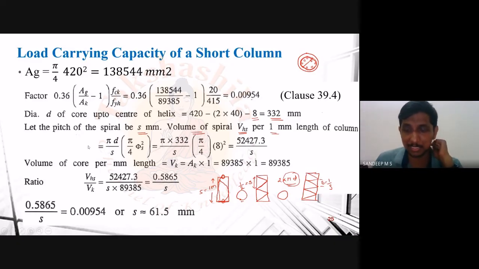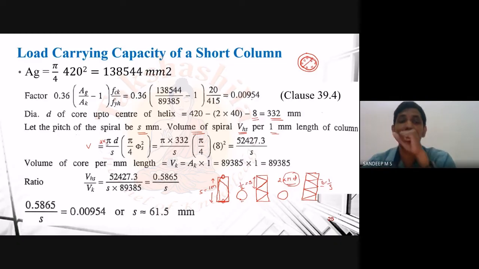If it was the second case, what will be the difference? In the first case I was having only one ring, but here I have two rings. So basically, I have to multiply this by 2.